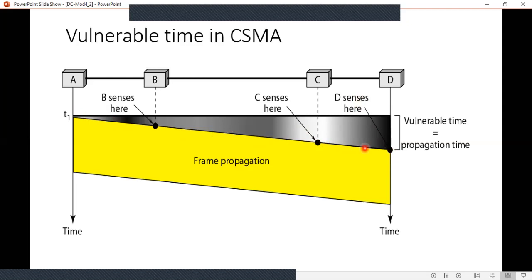This difference, the time for the signal from A to reach D, is the propagation time. This is called the vulnerable time. Vulnerable time means that in this time the possibility of collision is higher. Understood? If collision happens, the other stations will not get to know about it.